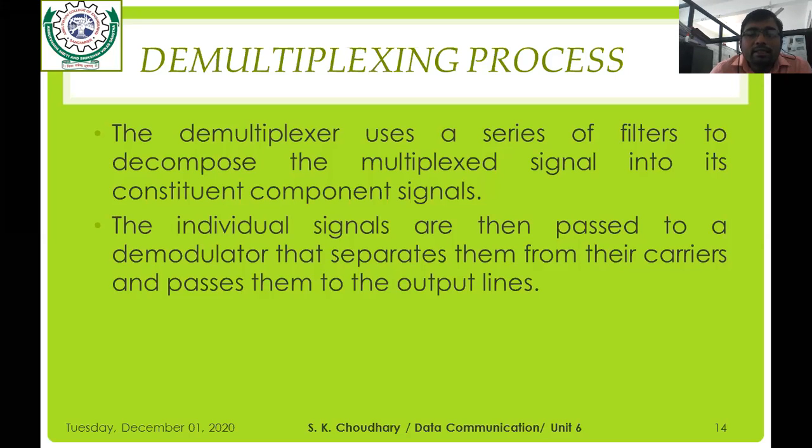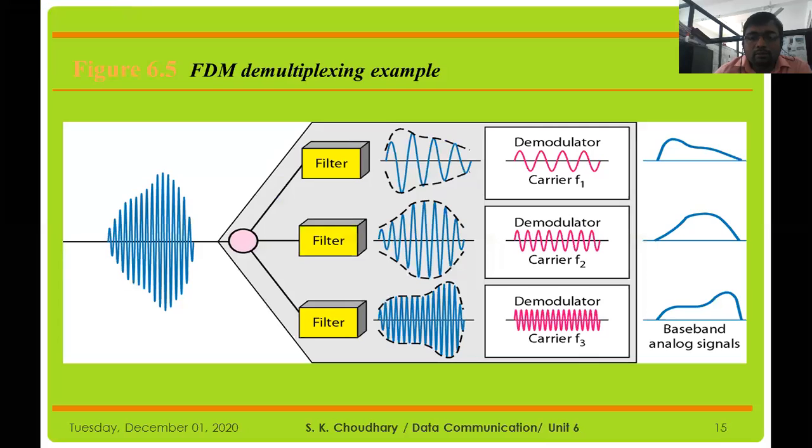The individual signals are then passed to a demodulator that separates them from their carriers and passes them to the output lines, as shown in this particular diagram. Also please note this down.